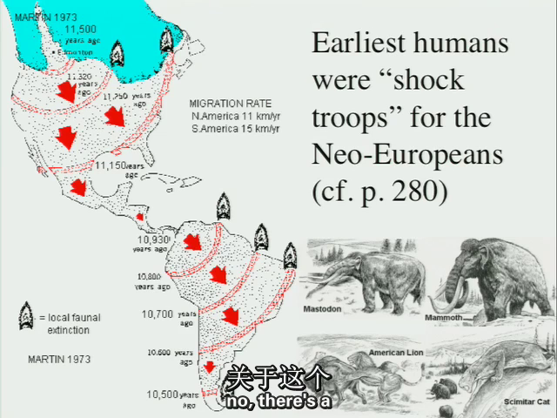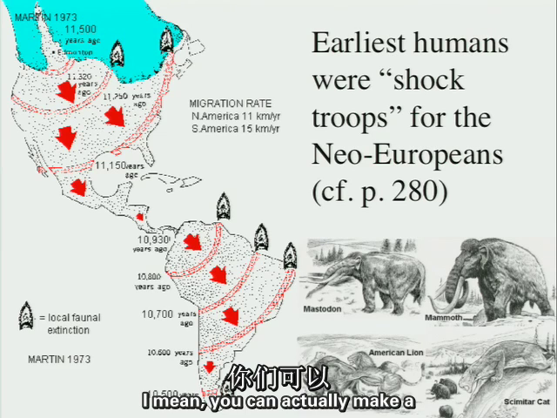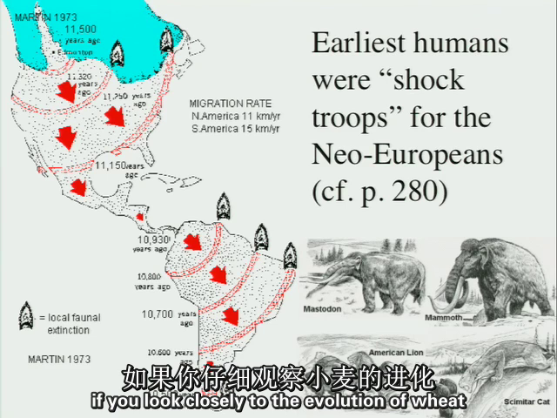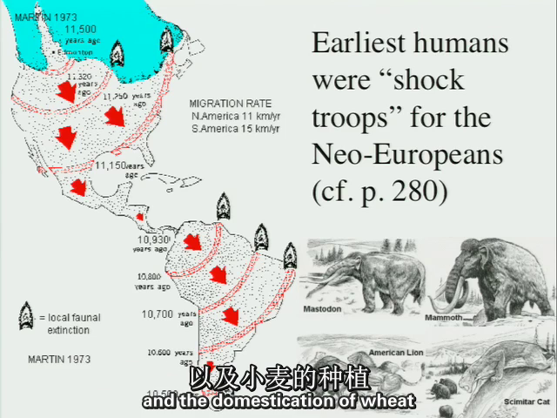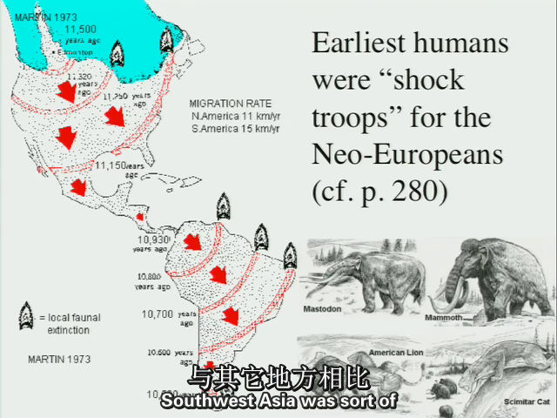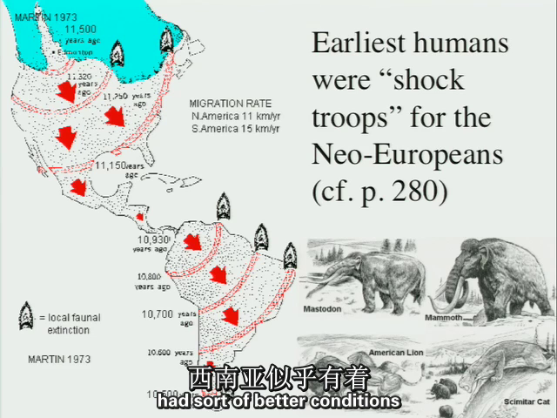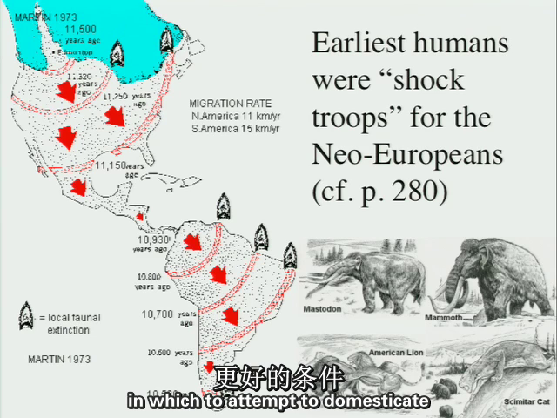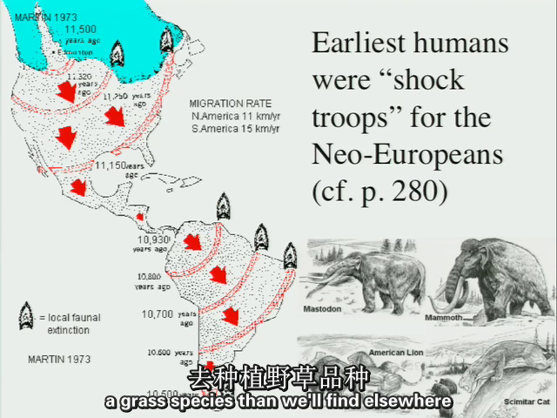No, there's, how to put this? If you look closely at the evolution of wheat and the domestication of wheat, you can see ways in which Southwest Asia had sort of better conditions in which to attempt to domesticate a grass species than were found elsewhere, right?